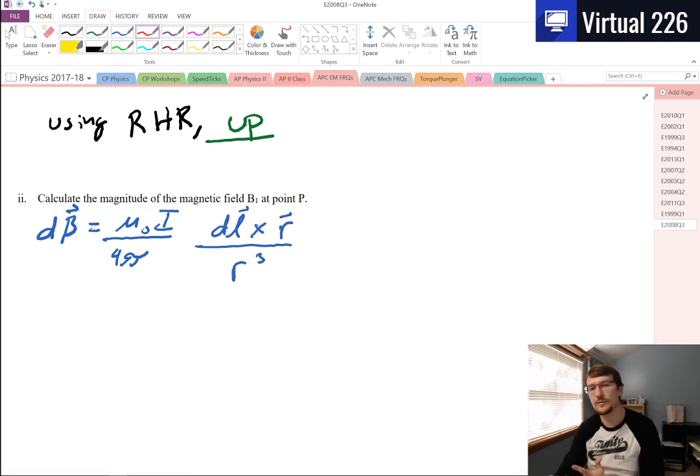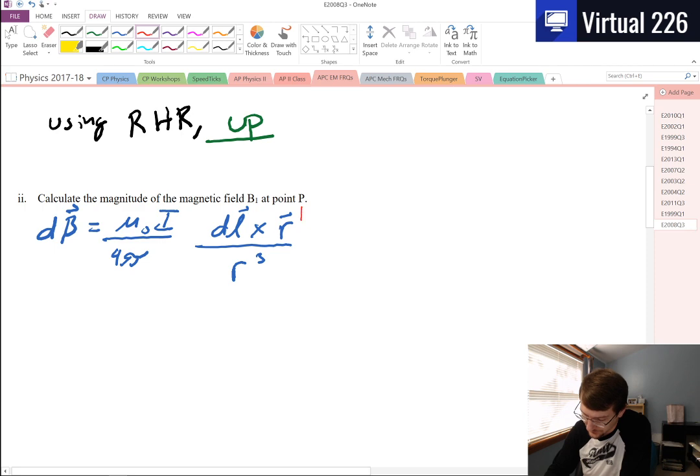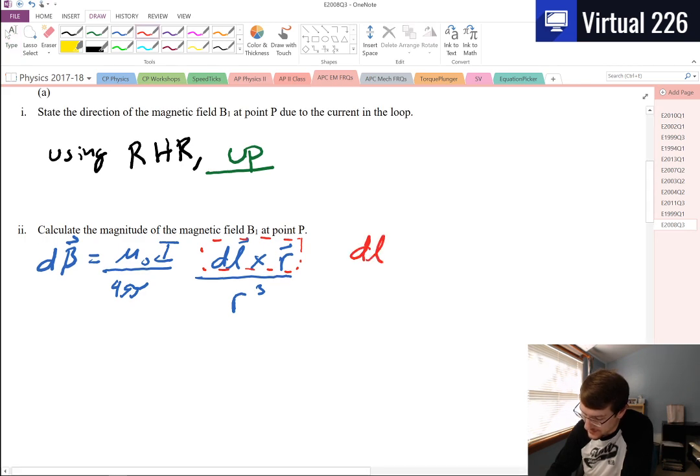Now, what you're often going to see in these problems, and not every time, is that this dl cross r vector is going to equal dl times r times the sine of theta.